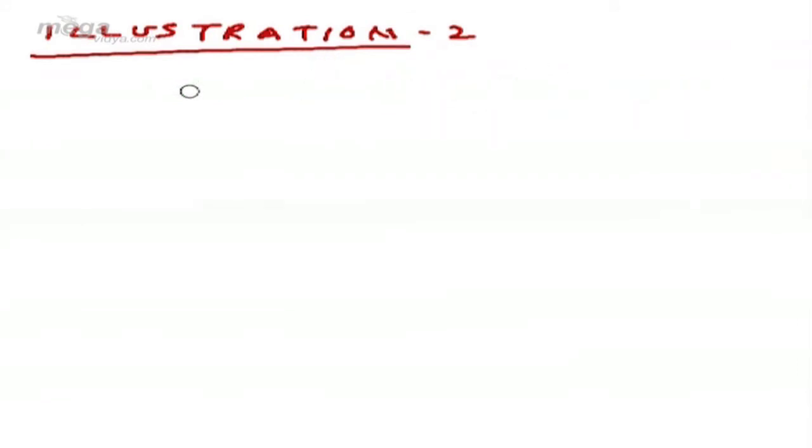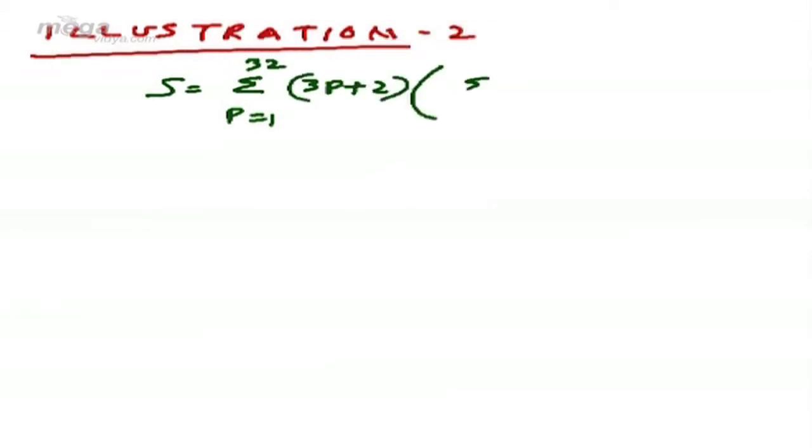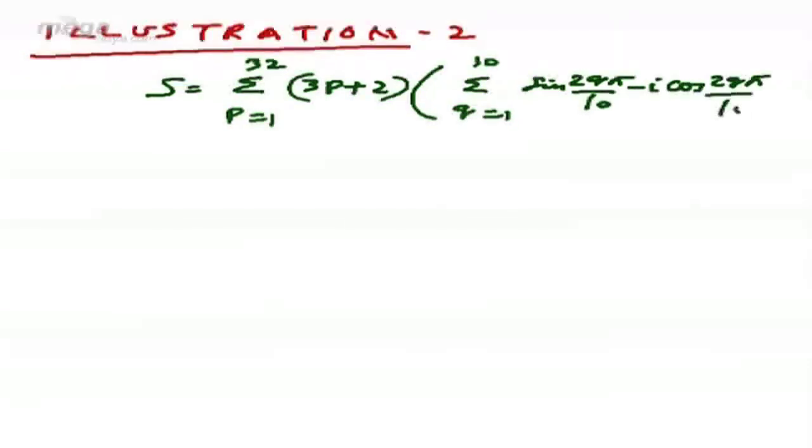Let us change this problem. Now we will evaluate S equals summation of p equals 1 to 32 of (3p plus 2), times the summation of q equals 1 to 10 of (sin(2qπ/10) minus i cos(2qπ/10)) whole to the power p.